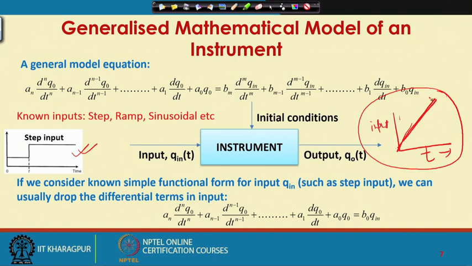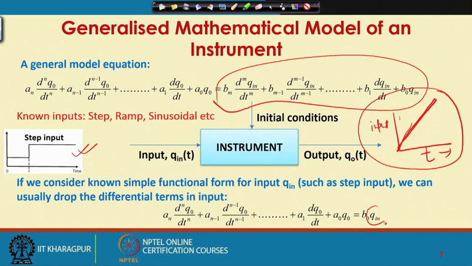In that case, I do not need to represent q_in, the input to the instrument, as an ordinary differential equation, because I can explicitly put the functional form of the input and drop these differential terms.